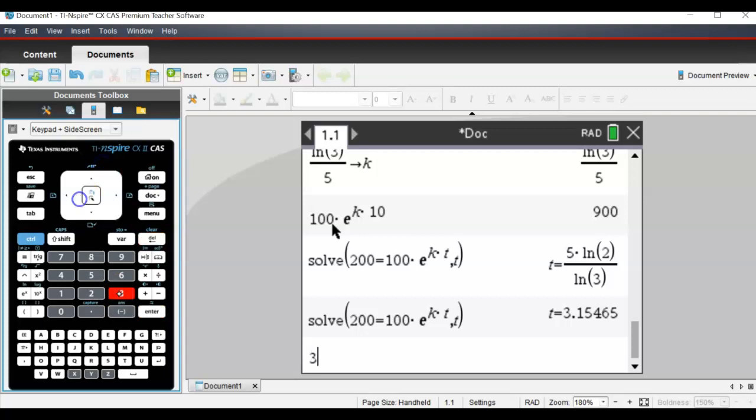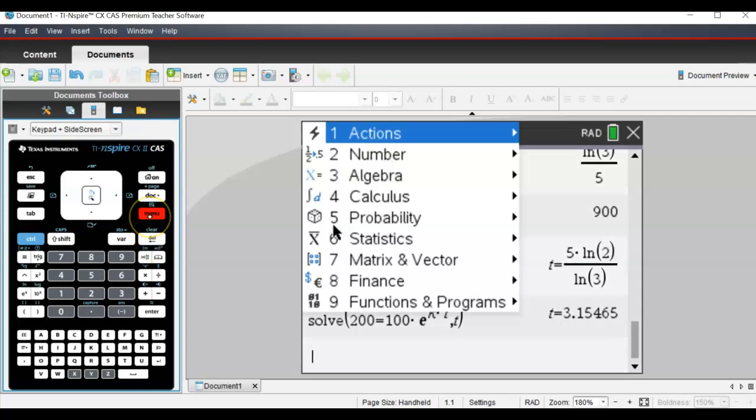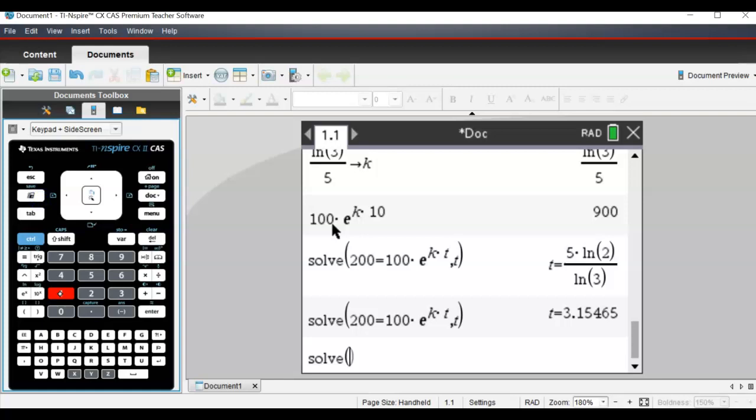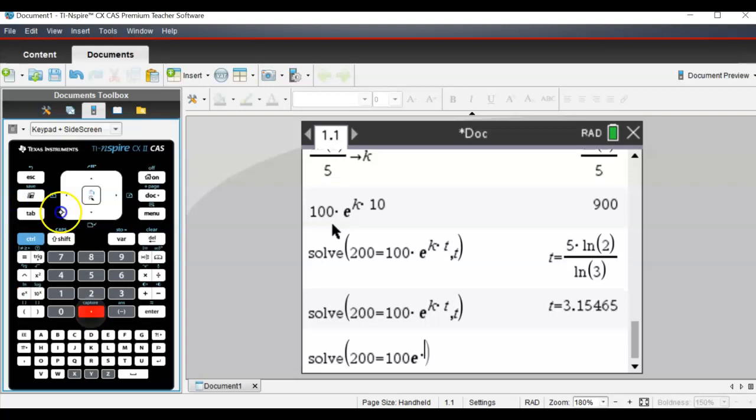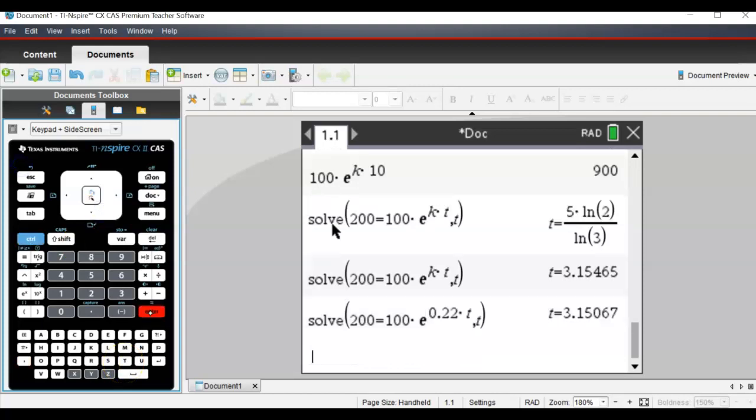So if I hit my menu, algebra solver, and I try 200 equals 100 e to the 0.220 times t, solve for t, please, and I hit Control Enter, now I get 3.151. I am off that little bit, and they will downgrade you for that.